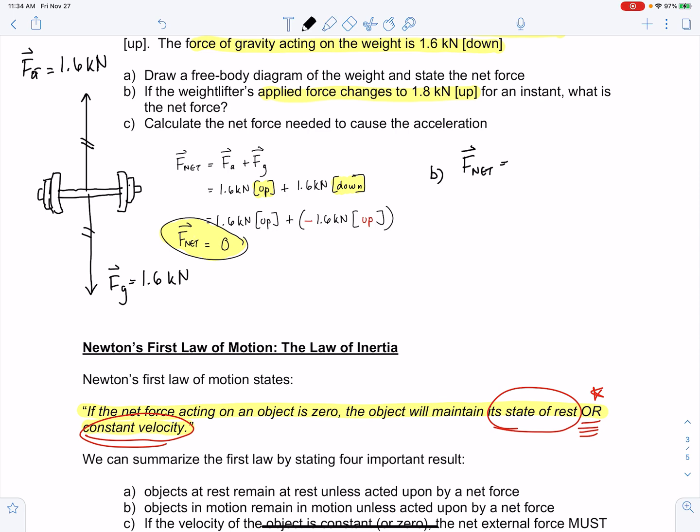So let's find the net force. It's the applied force by the weightlifter plus the force of gravity. The force of gravity is still 1.6 kilonewtons down. But now the weightlifter is applying a force of 1.8 kilonewtons up.